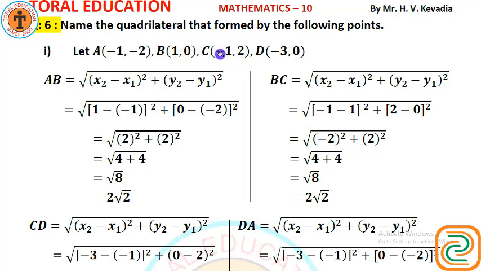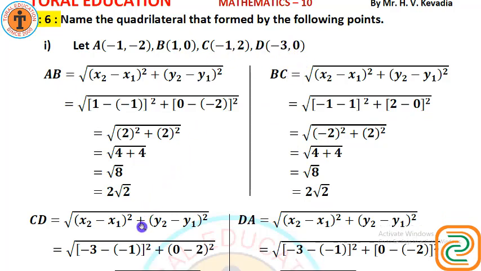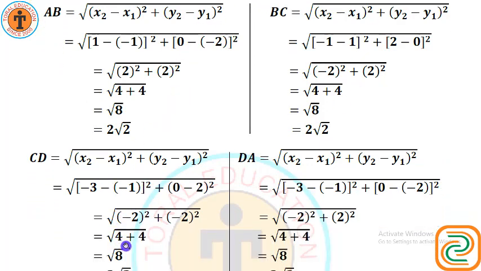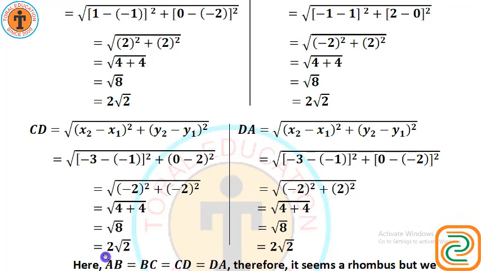Similarly BC: minus 1 minus 1 whole square and 2 minus 0 whole square, again here it is 2 root 2. Then CD: minus 3 minus minus 1 whole square, and 0 minus 2 whole square, right? Again we have got 2 root 2.